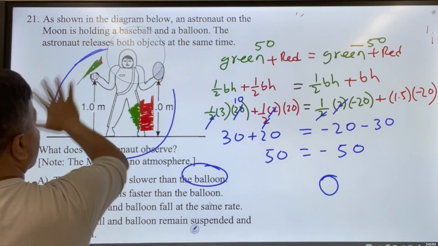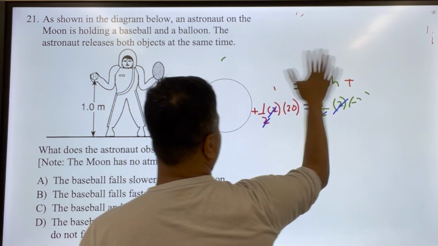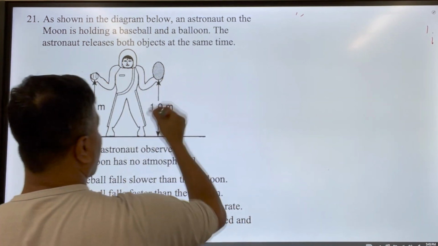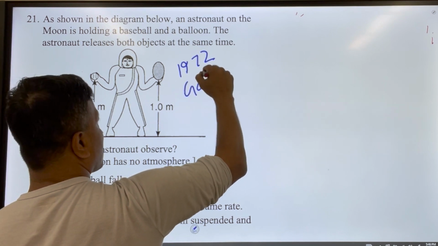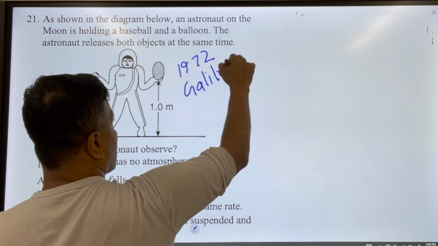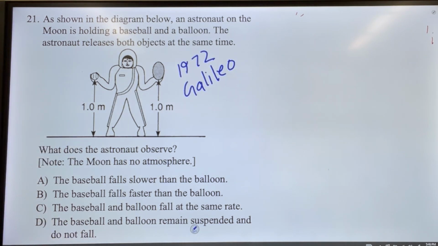21. Again, David Scott, that's what David Scott did on the moon in 1972 to test Galileo's hypothesis that heavy object and light object fall at the same time.